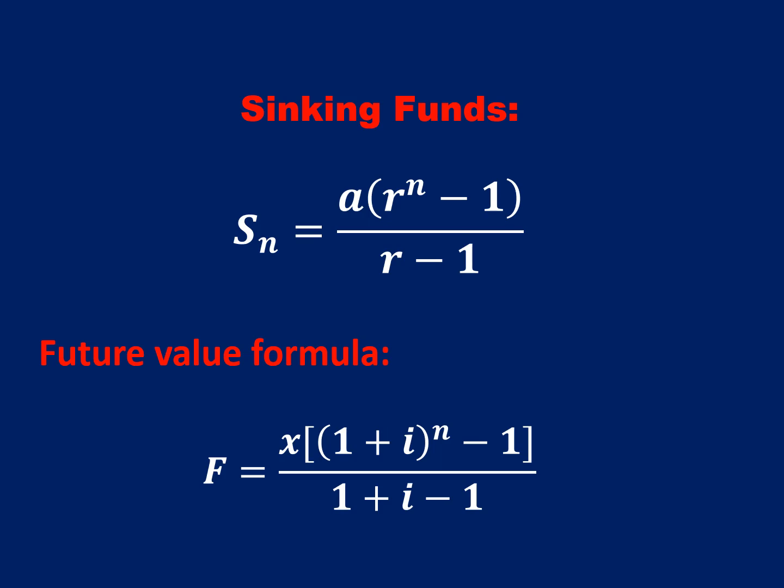And in the denominator, those ones cancel out to give you your proper future value formula that appears on your formula sheet: X bracket 1 plus I to the n minus 1 close bracket over I. So you can use either approach. Both work very, very well.